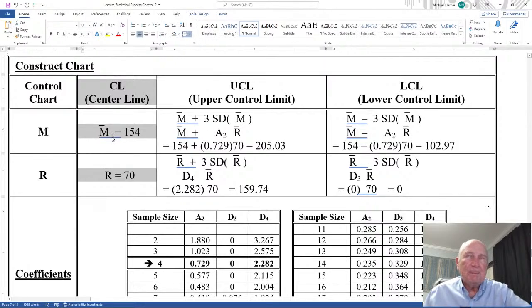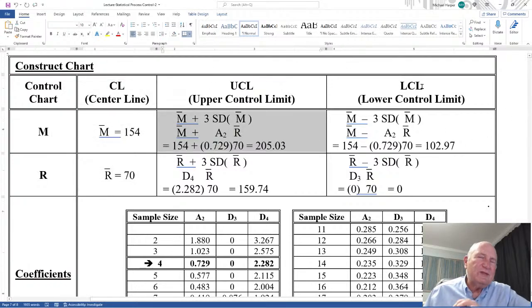And there they are. Now, the upper control limit. Let's start with the M chart. Remember, the definition of an upper control limit is M bar plus 3 standard deviations of M bar. That's the definition. But we don't have standard deviation as a measurement of variability. Instead, we have the range as a measurement of variability, or dispersion.